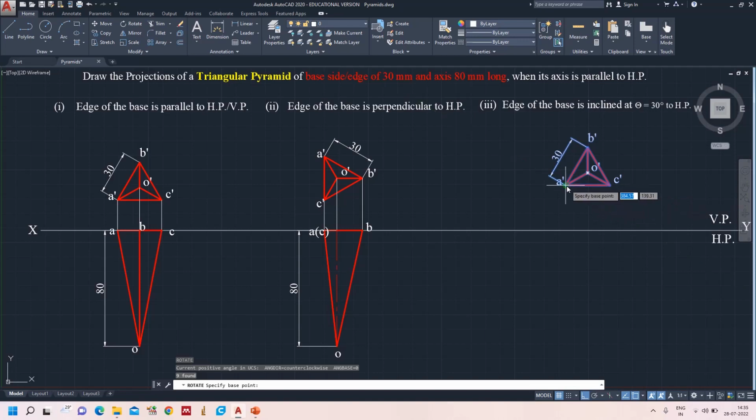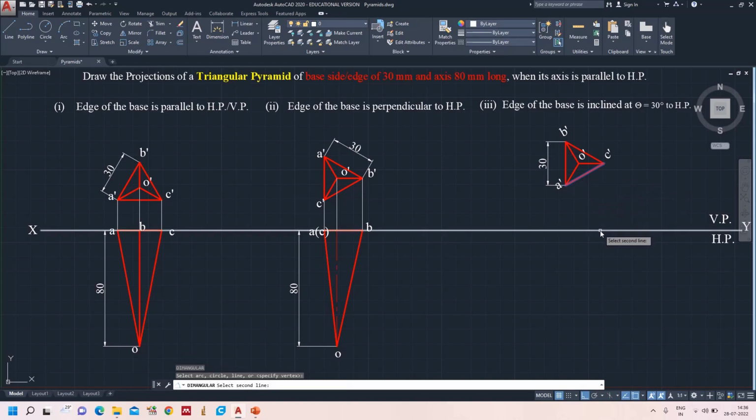Now I am specifying the base point as A, the rotation angle as 30 degrees to HP. See, now it turns 30 degrees. DAN, dimension, angular. See, the edge AC is having an angle 30 degrees with respect to HP.